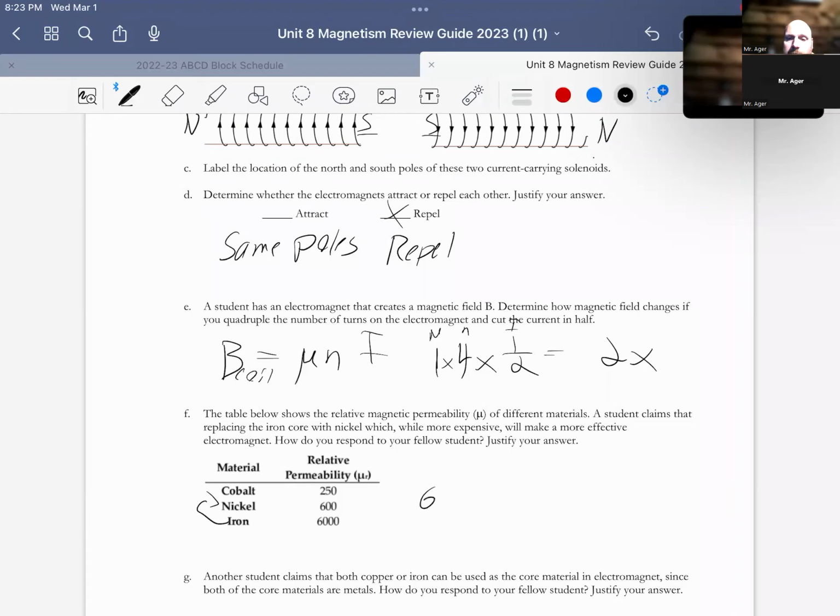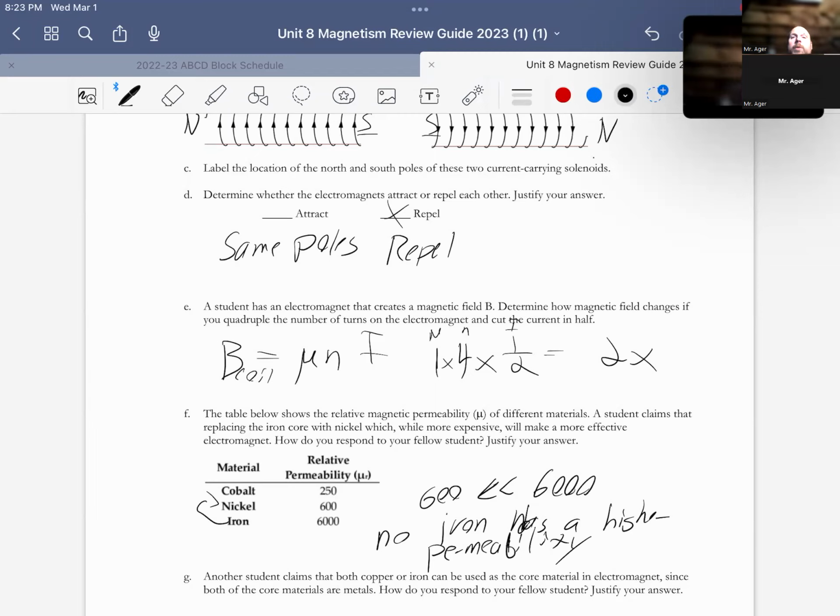Well, we can see that 600 is much less than 6,000, right? And so no, iron has a higher permeability. And so it would make a better core material.